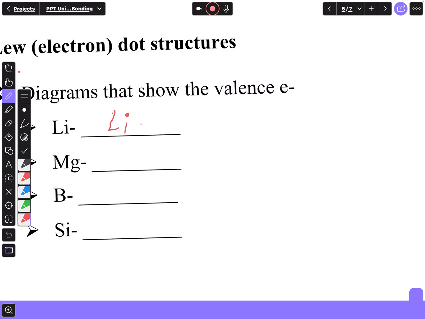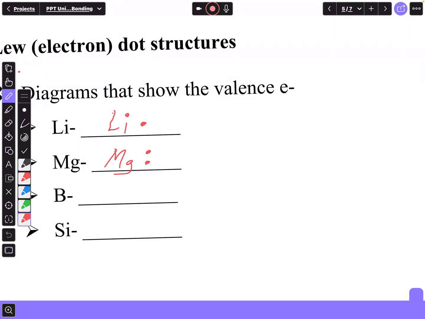It only has one, so I would draw it like that. Magnesium is in group 2A, it has 2 valence electrons. I would draw it with 2 valence electrons like that. There's a specific way you're supposed to go counterclockwise, but we're only doing this to show valence electrons. We're not going to be that specific about it.